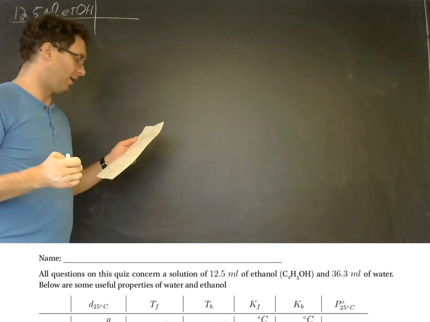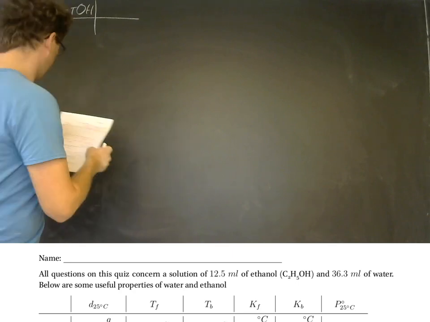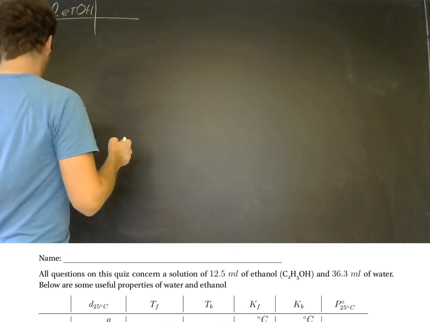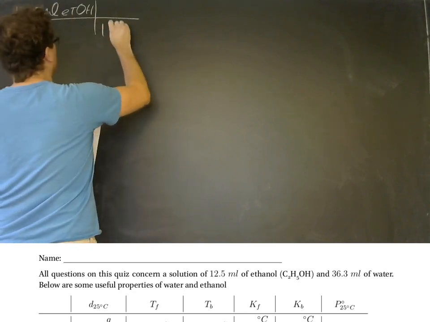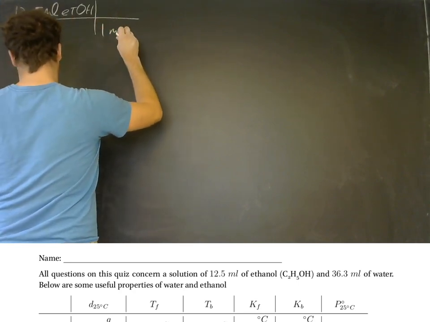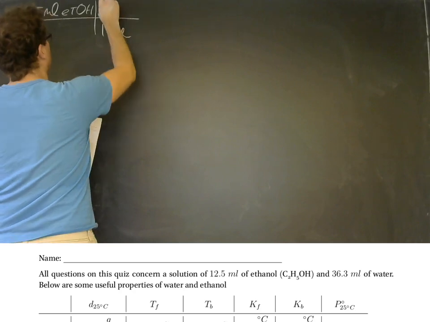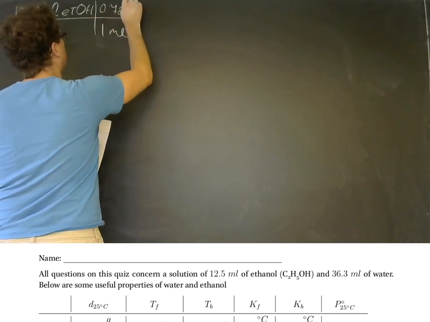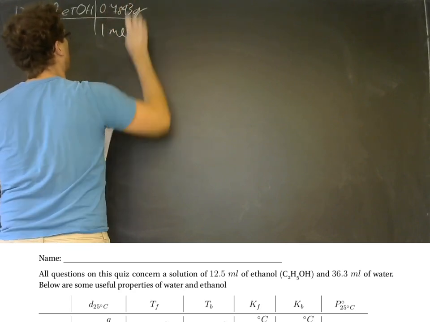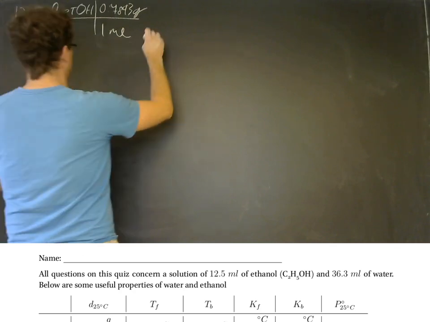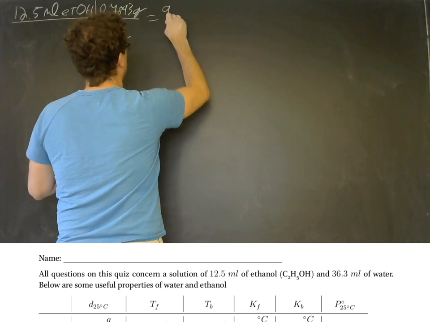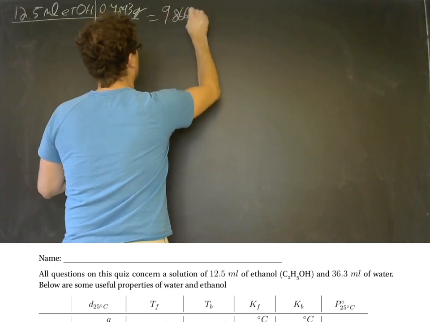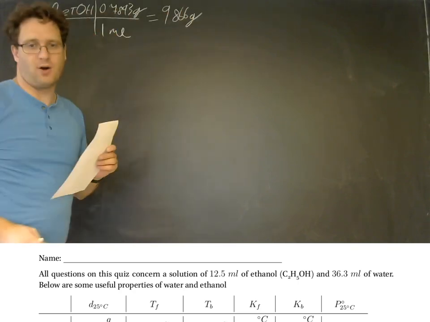We need grams, so if we want to figure out the moles of ethanol, we'll look at that density, which is 1 milliliter is 0.7893 grams. That gives us a total of 9.866 grams of ethanol.